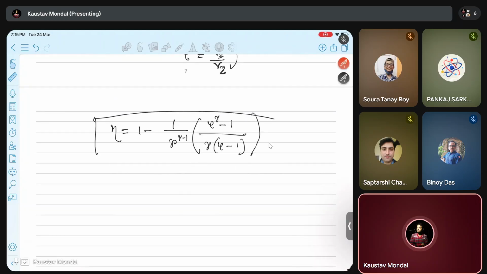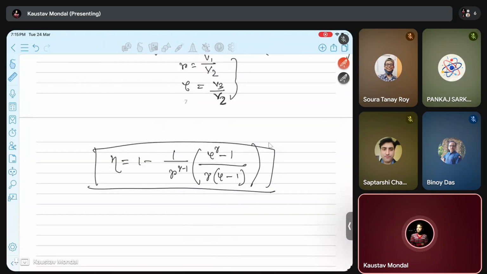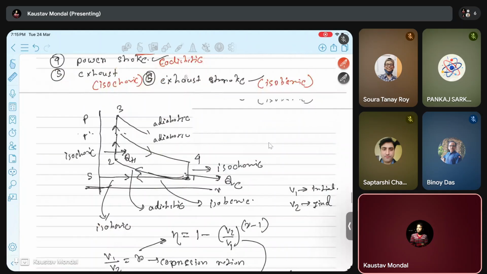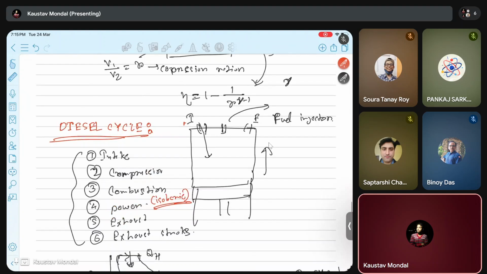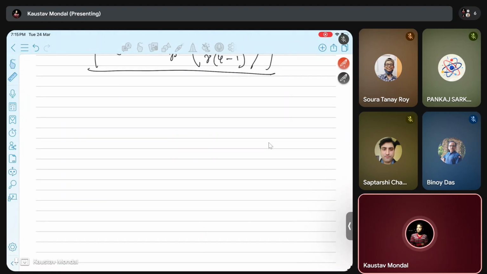This is the final form. This is the efficiency for the diesel cycle, and this is the efficiency for the Otto cycle. After discussing this, we'll be solving some problems.